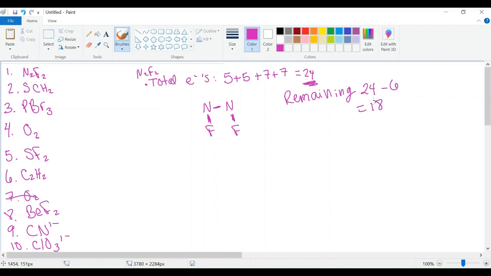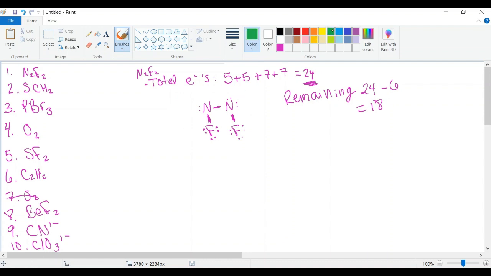So I have 18 left. That means I can put 18 electrons around these atoms. So I'm going to put 2, 4, 6, 8, 10, 12, 14, 16, and 18.